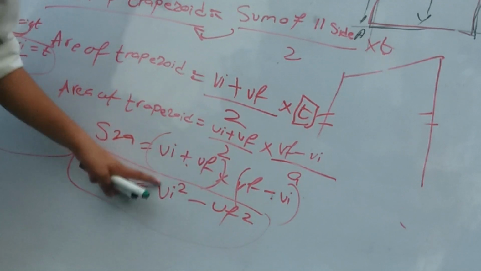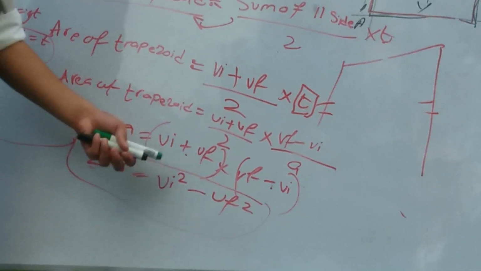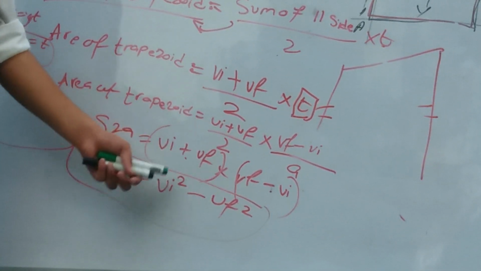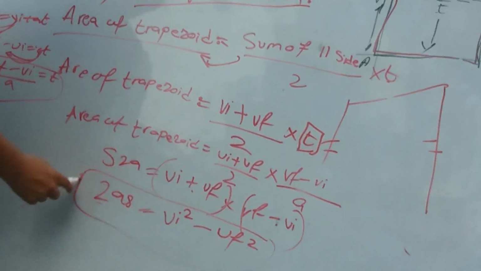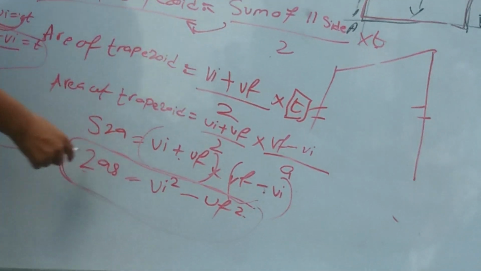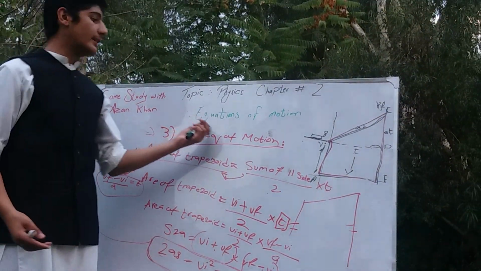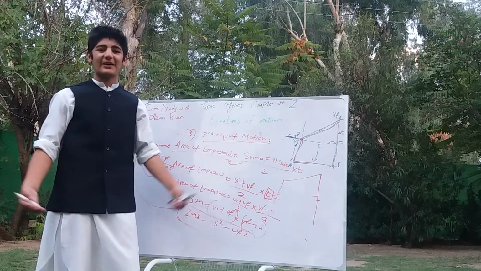When we multiply these both, the cross terms cancel and we get Vf square minus Vi square. So this is the third equation of motion. I hope you already get a great understanding of the equations of motion, and goodbye from Muhammad Azan Khan.